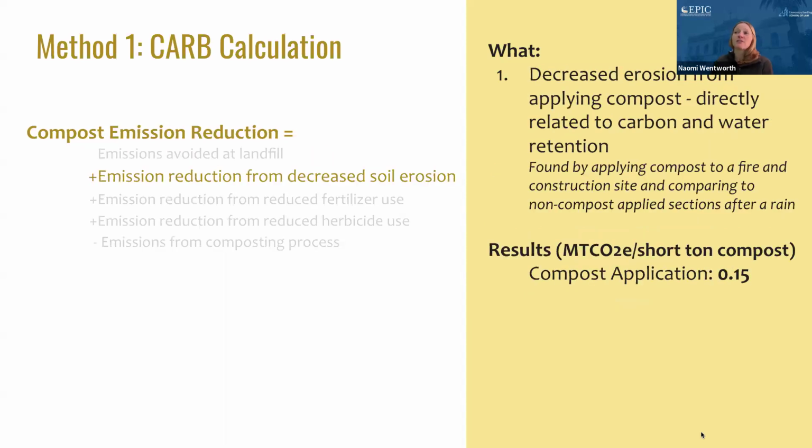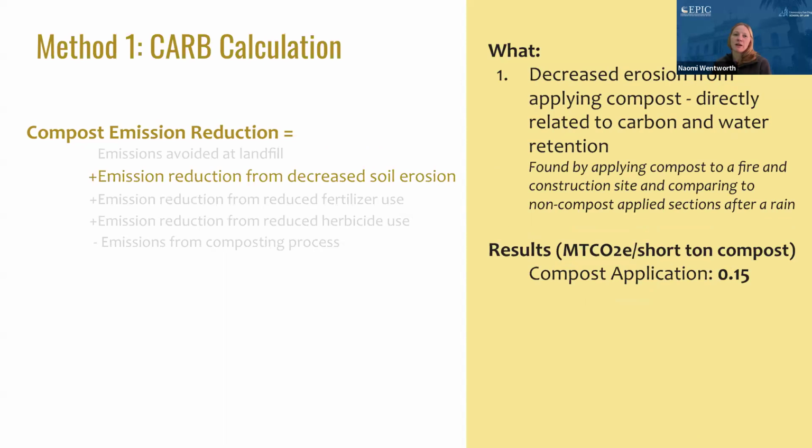The next one will be emissions reduction from decreased soil erosion. This is decreased erosion from applying the compost to land. So it's directly related to carbon and water retention.